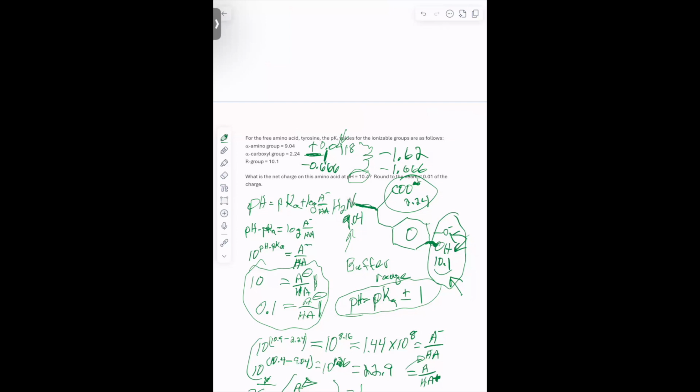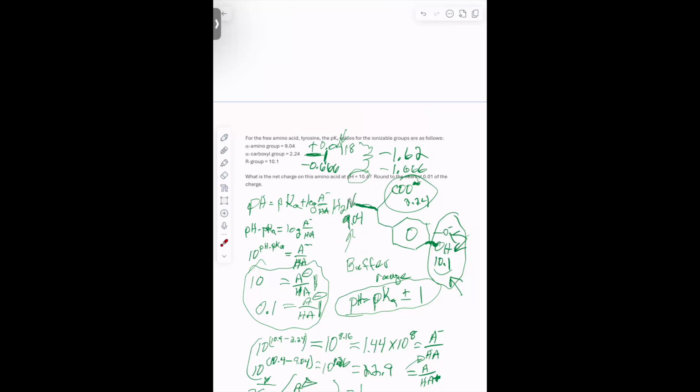What do we conclude from this? Well, let's just agree that if we were more than 3 pH units away from the pKa, we can treat whatever that charge is as a whole charge, whether it's 0, 1, or minus 1.